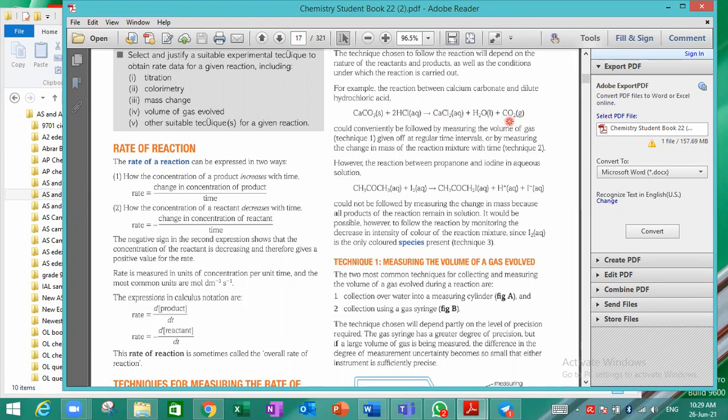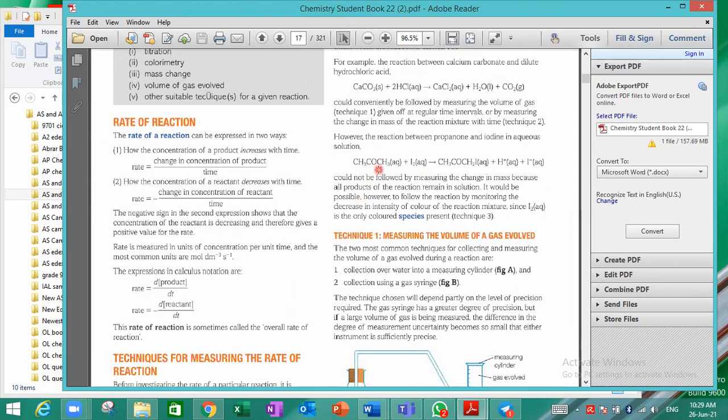If we have another reaction like this one, propanone plus iodine in the presence of an acid to form iodopropanone, CH3COCH2I, and a hydrogen ion and an iodide ion, aqueous, are produced, we will find here that iodine has a color.